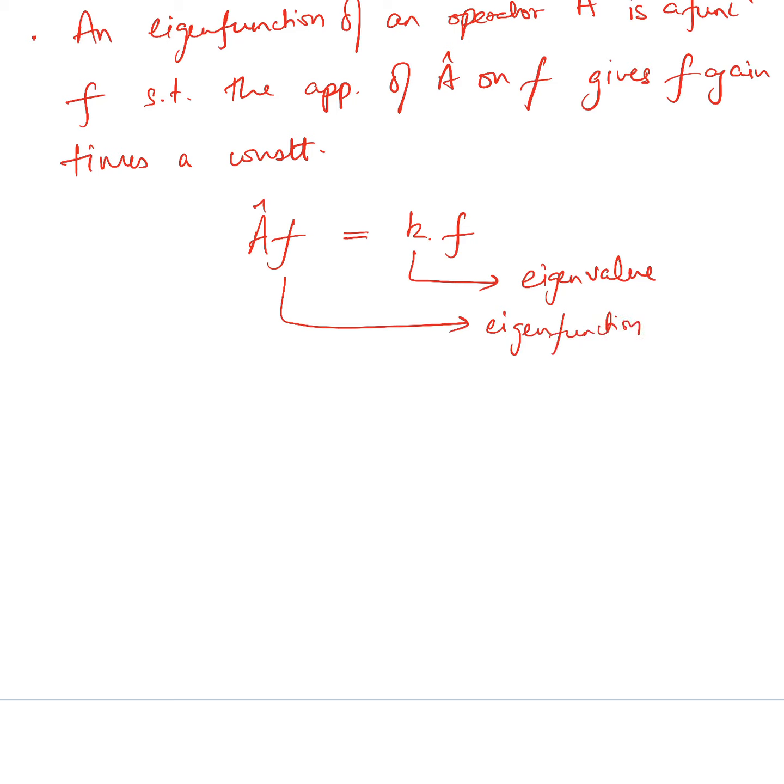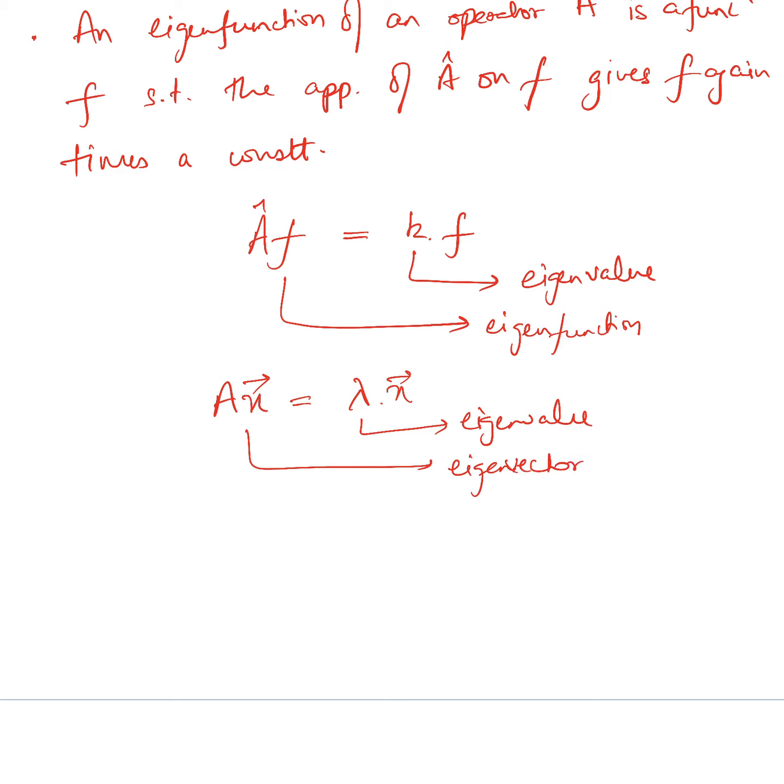If you can recall from your mathematics class, you have studied these in terms of matrices, where if you have a square matrix A applied on a vector x, then you wrote it as lambda times that vector x, where lambda is your eigenvalue and x is your eigenvector.